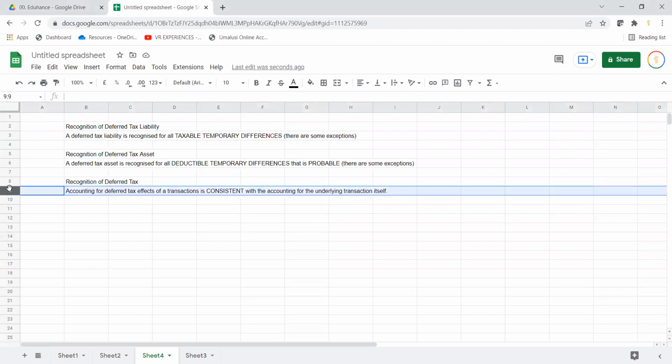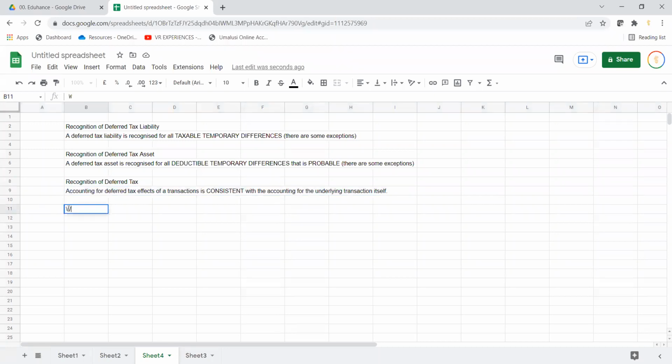So this is saying the accounting for deferred tax effects, and this applies to current tax effects as well, is consistent with the accounting for the underlying transaction itself. What does this mean?